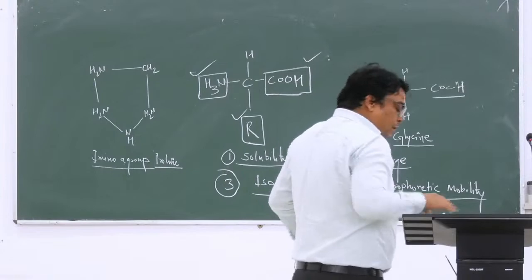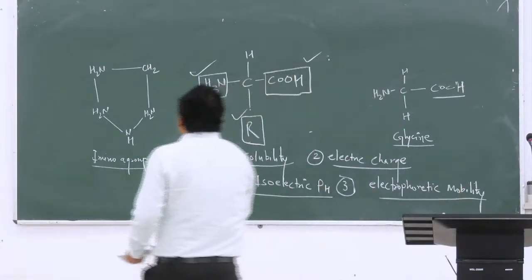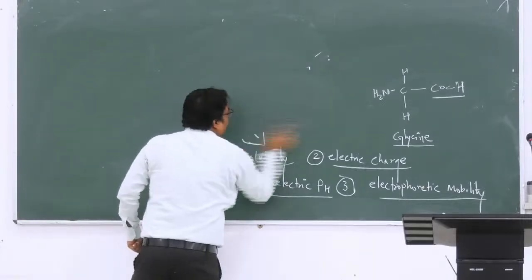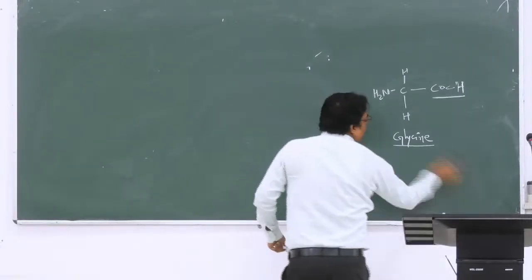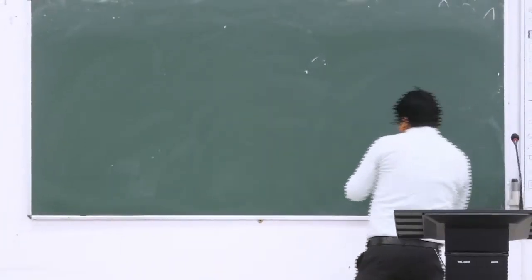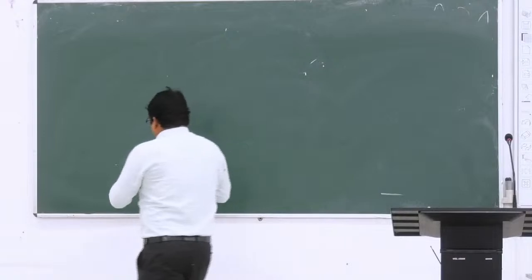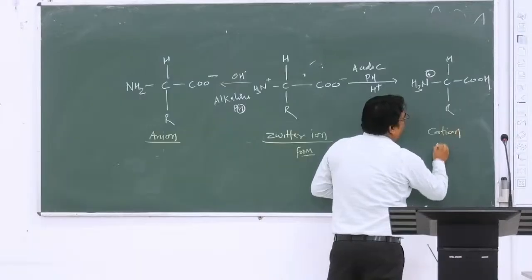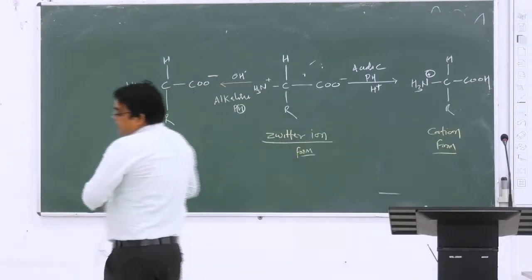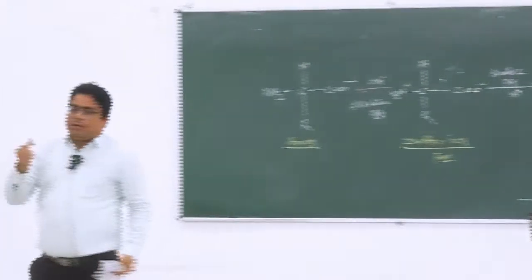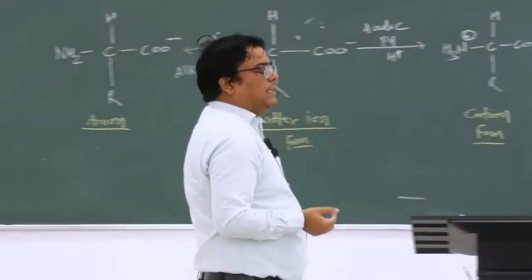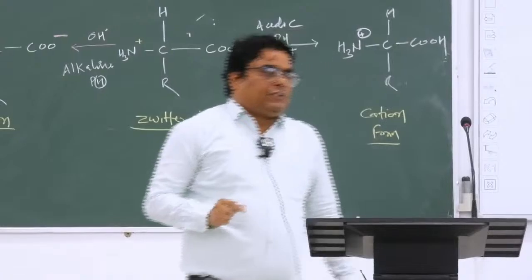Okay. Now the first one is isoelectric pH. Now students, to understand the basic chemical properties of amino acids, that is isoelectric pH.